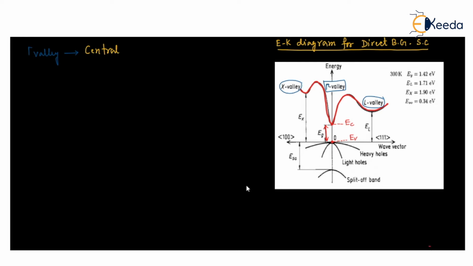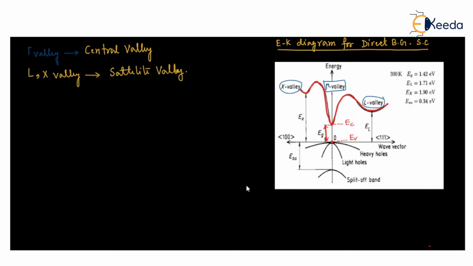This is the central value of the E-K diagram conduction band, and the L value and the X value are called the satellite values.